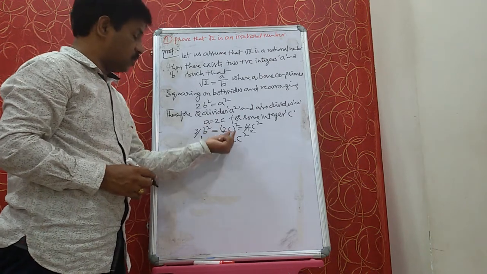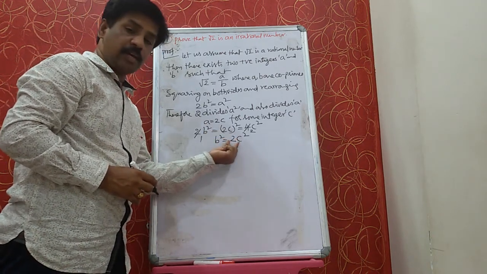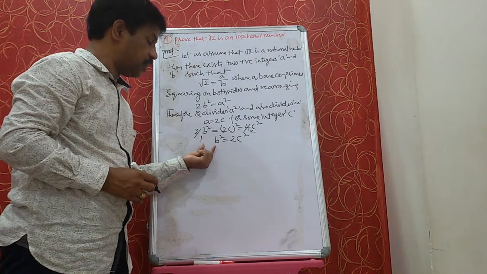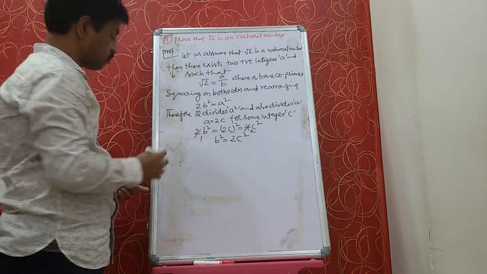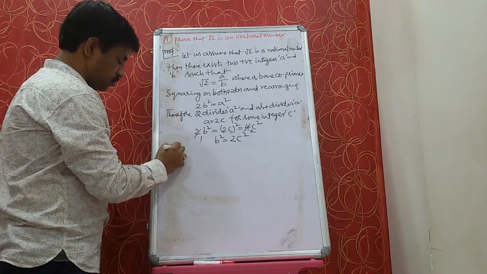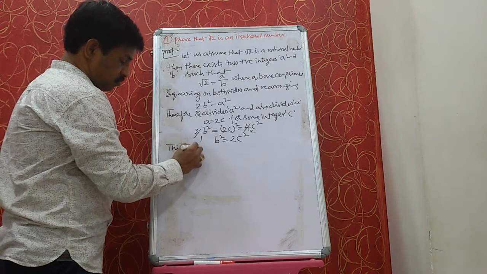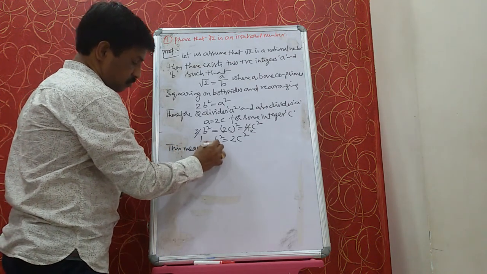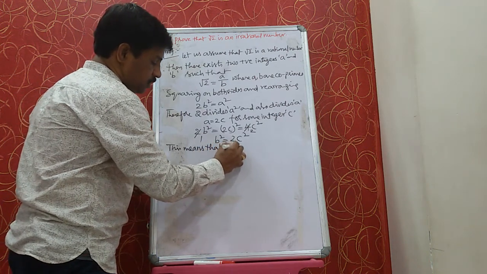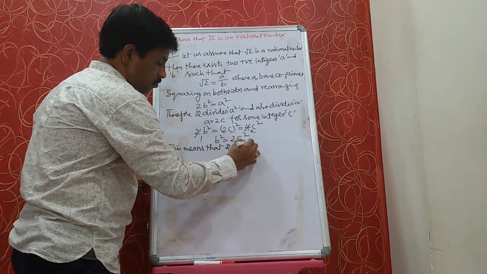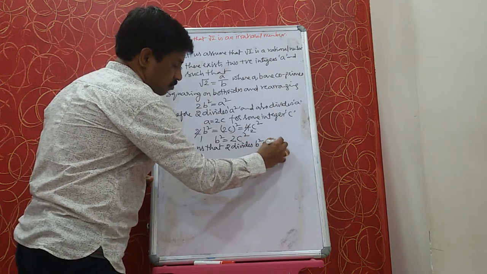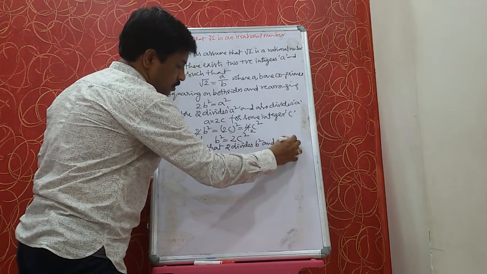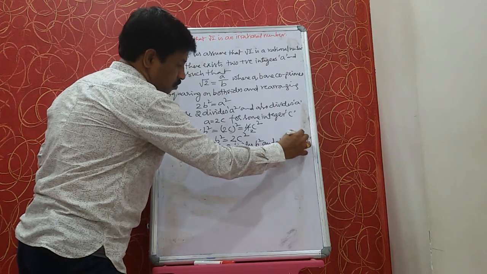That means 2 divides b square. When 2 divides b square, it also divides b.